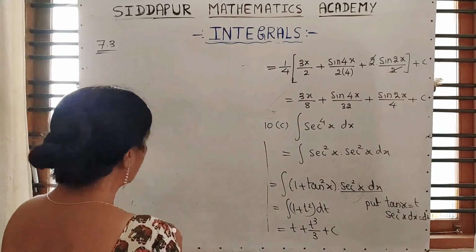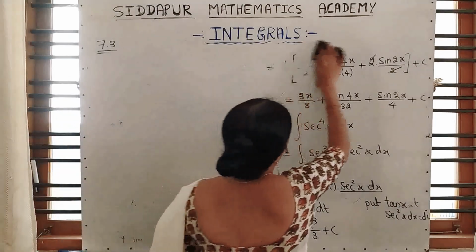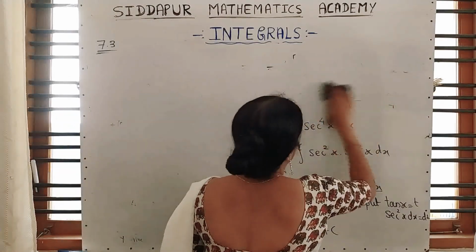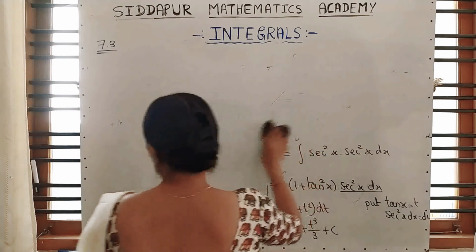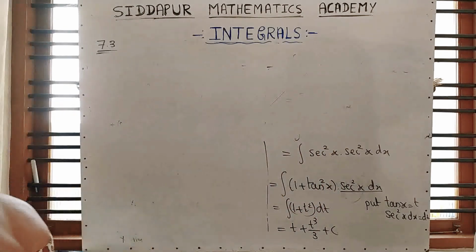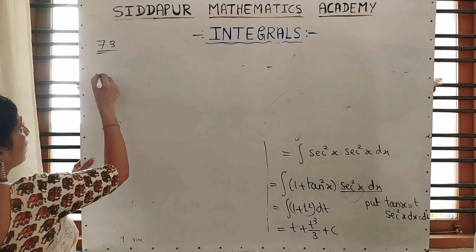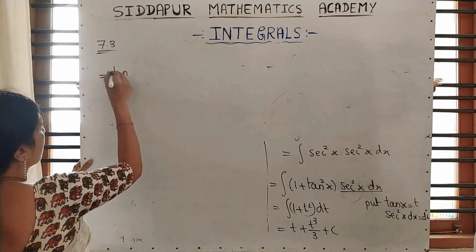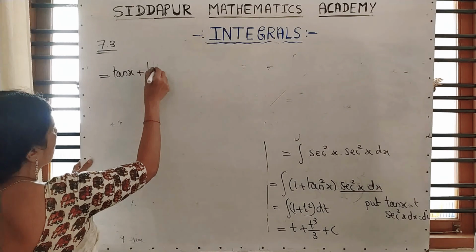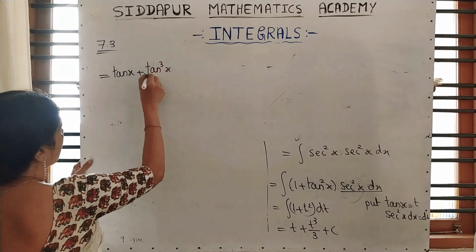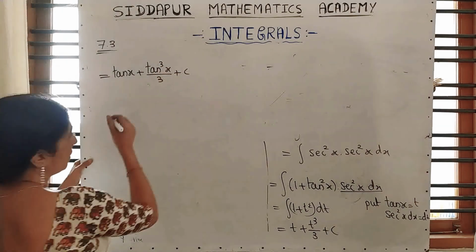So write down that t value. T is what? Tan x. So this is tan x plus tan cube x upon 3 plus c.